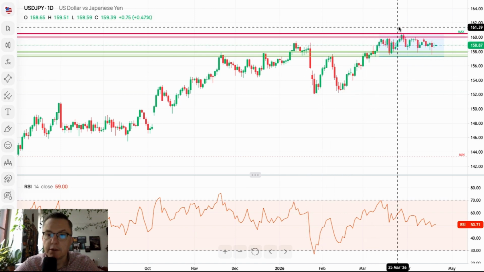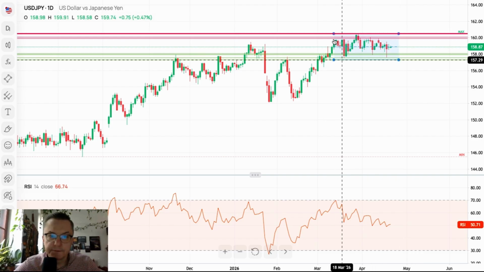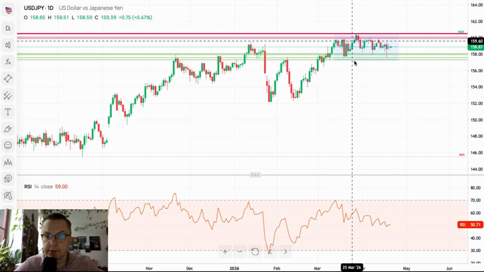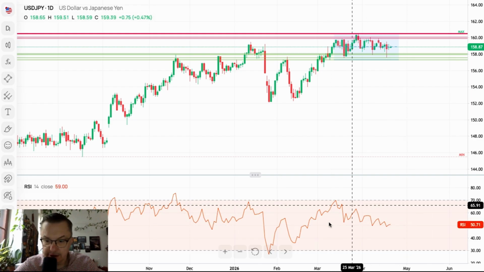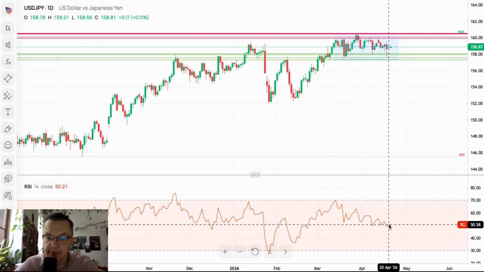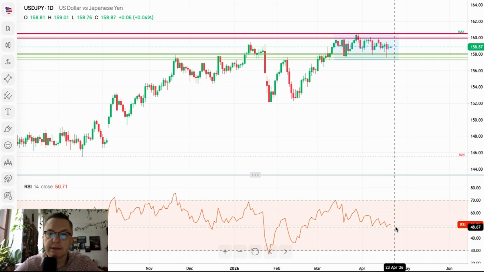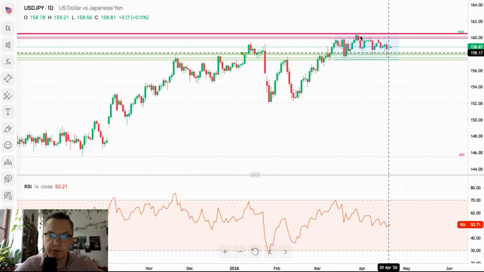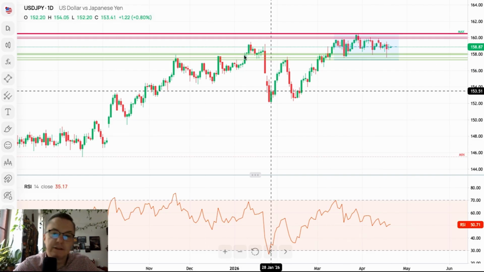Correction, strength. Now the question is whether this is a partial distribution or something more than this. Momentum on the daily doesn't actually look impressive. Up and down. This kind of momentum price action looks like the market is distributing US dollar versus the Japanese yen, because there is strength in the background, right?